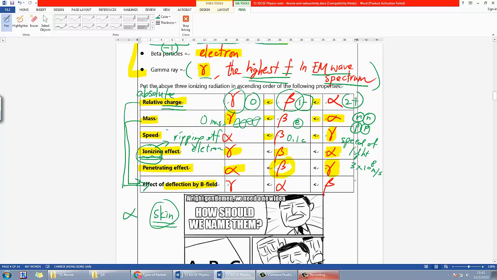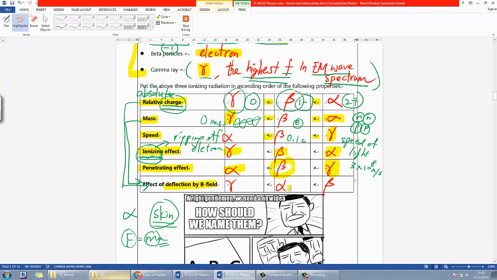You may want to relate these two, because moving something has to do with the force and the mass, since F equals ma, right? So you have to look at the force, which is related to the charge, and also its mass. You may find that in all these rows, beta is in the middle, and alpha and gamma are on the two sides.